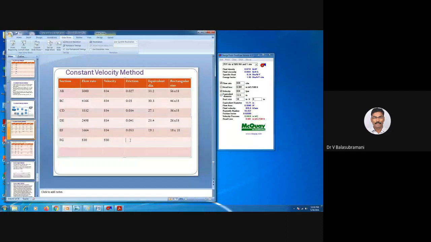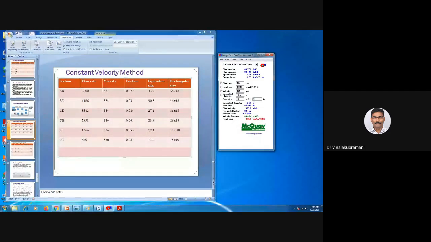The friction loss is equal to 0.081. There is a tremendous increase in pressure. So 13.5 and 18 cross 10.